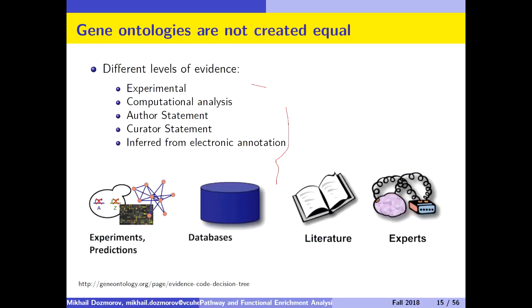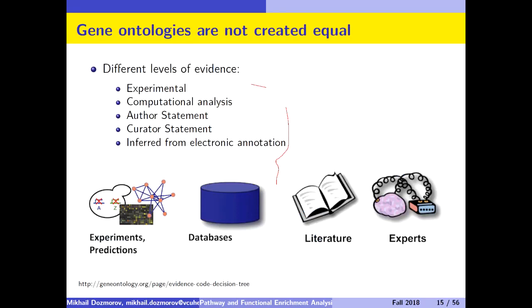Gene ontologies are not created equal. Obviously it would be nice if we could have an infinite amount of money and do lots of experiments and understand the functions of each and every gene. But that's not the case, and very often the functions of genes can be inferred from electronic annotations, like the last part here.